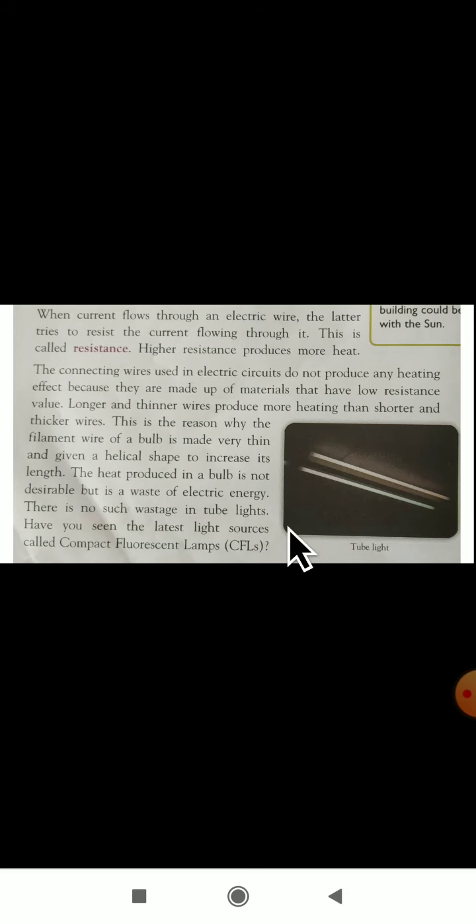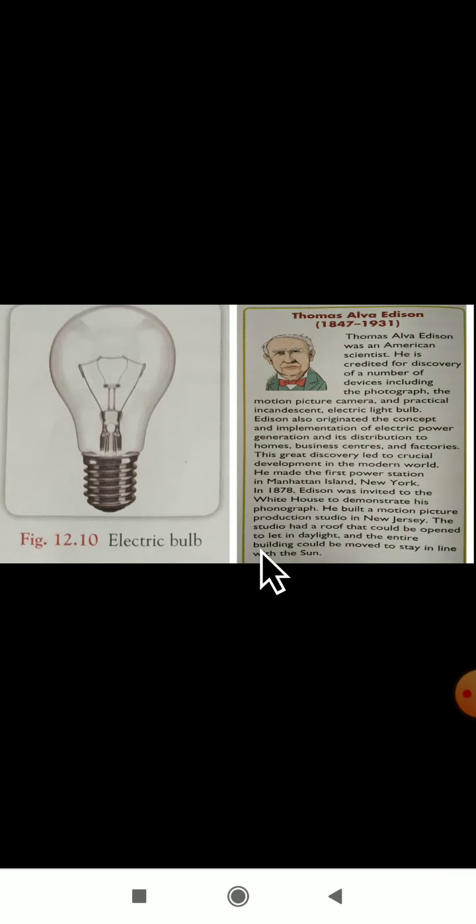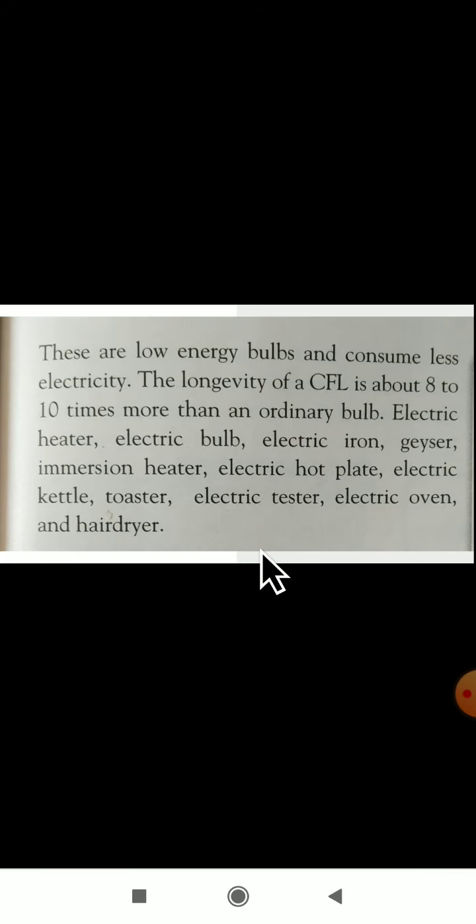In a bulb there is a wastage of electric energy, but if you use a tube light, there is no wastage of electric energy. I hope you have seen the CFL bulbs and tube lights. They have given it here.